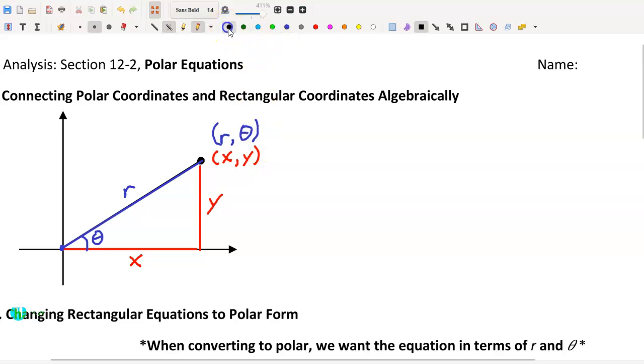Okay? And we saw that we have the relationship from trigonometry that actually connects these, right? So we know that the adjacent over the hypotenuse is known as cosine. And likewise, the rise over the hypotenuse is known as sine.